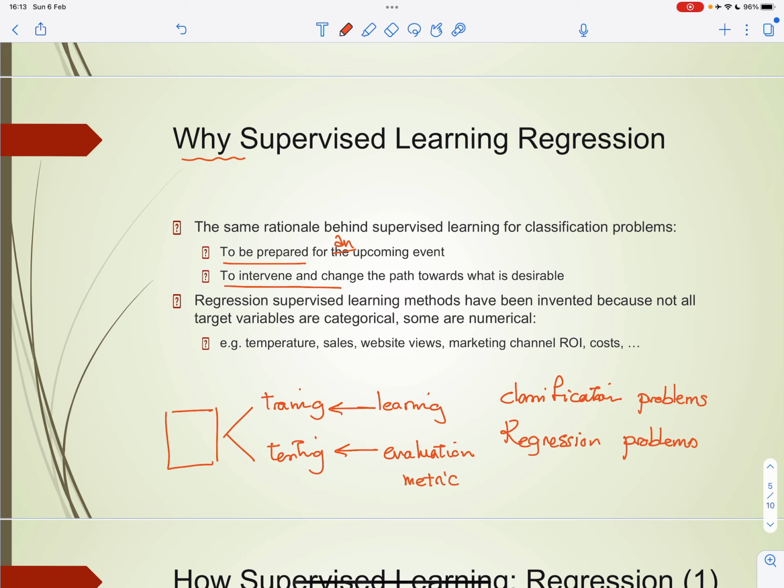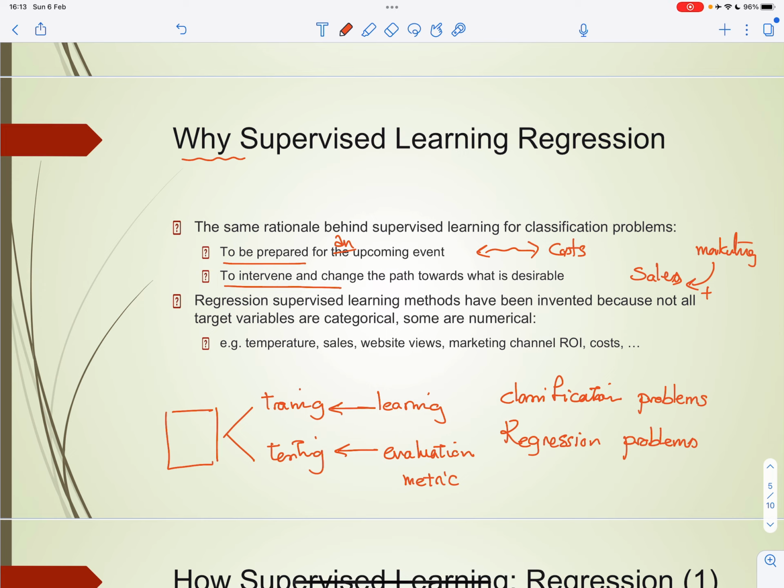Okay, so for instance, if we forecast that our sales is going down, then we might reduce some of the costs. So this is the preparation, and also we might invest in marketing maybe to improve sales.